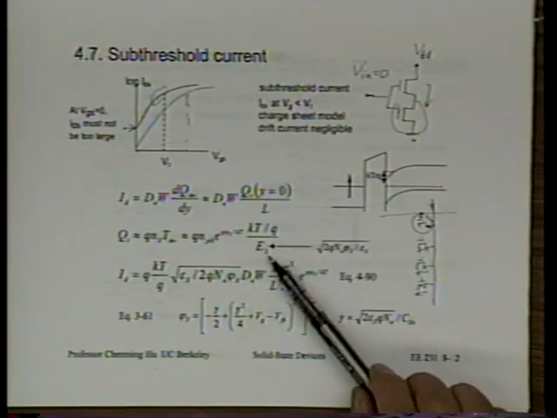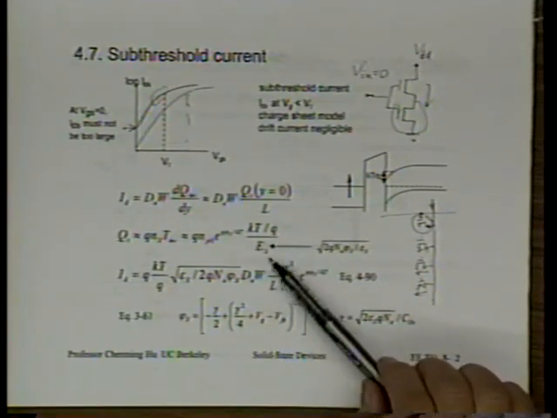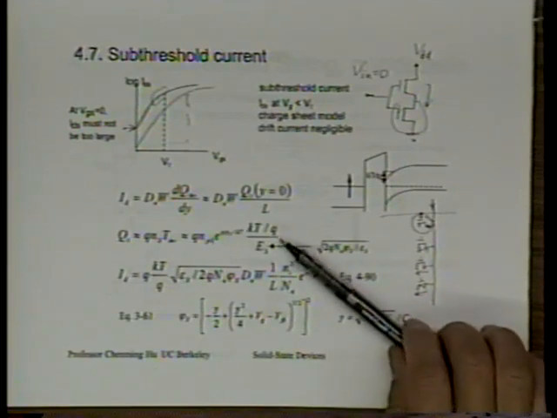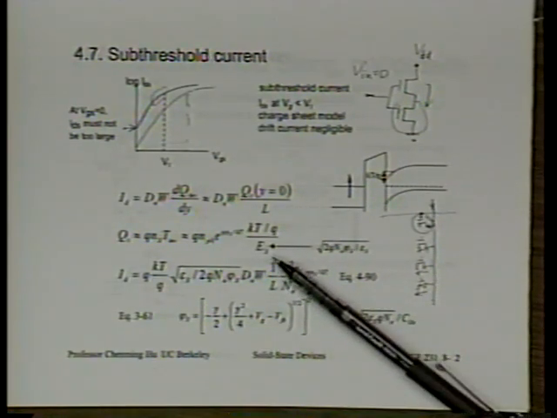Now this kind of makes sense. You take KT over Q divided by the electric field at the surface. KT over Q is voltage. Voltage divided by the electric field gives us distance. Now what's the physical meaning of that distance? KT over Q, that voltage, divided by the electric field at the surface. It actually is not the Debye length.